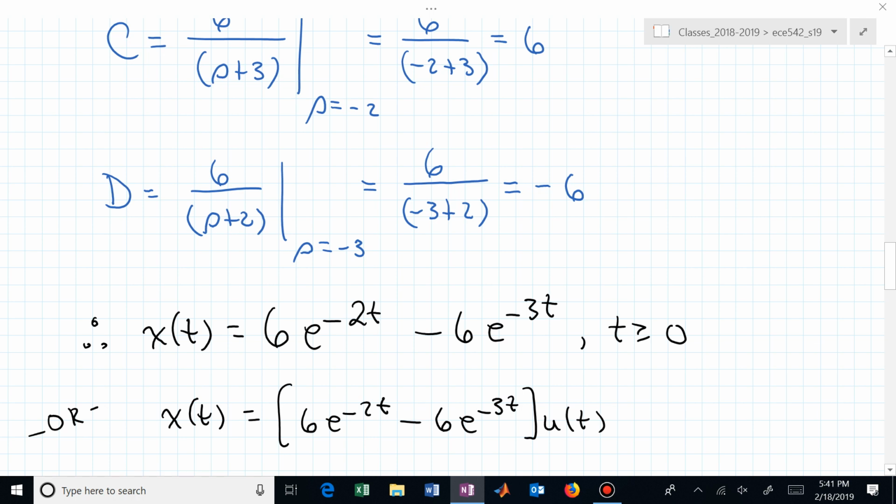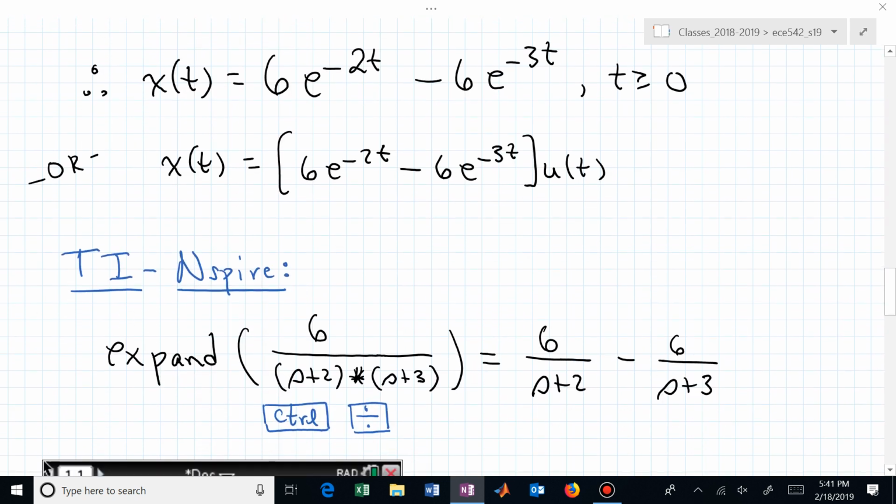We're saying this expression, 6e to the minus 2t minus 6e to the minus 3t, is only going to be active when u of t is switched on. U of t is switched on when the argument of that unit step is non-negative. And that means it's equivalent to the line just above it. Keep that thinking in mind as we move on.